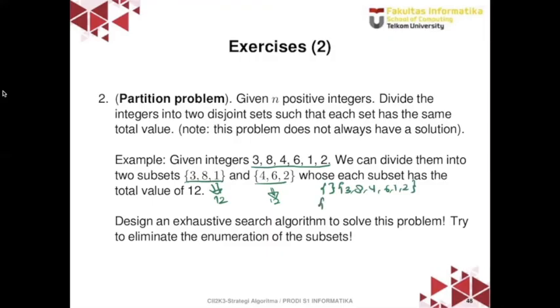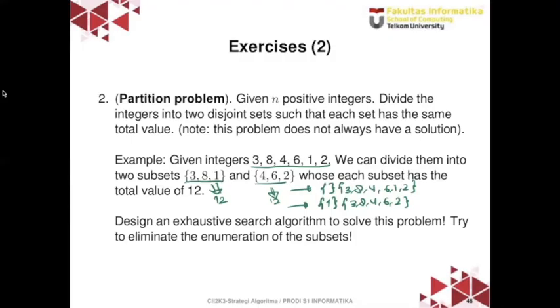And if one partition has one element, then the other partition has the rest of the elements, right? So the solution is every possible pair of subsets we have.